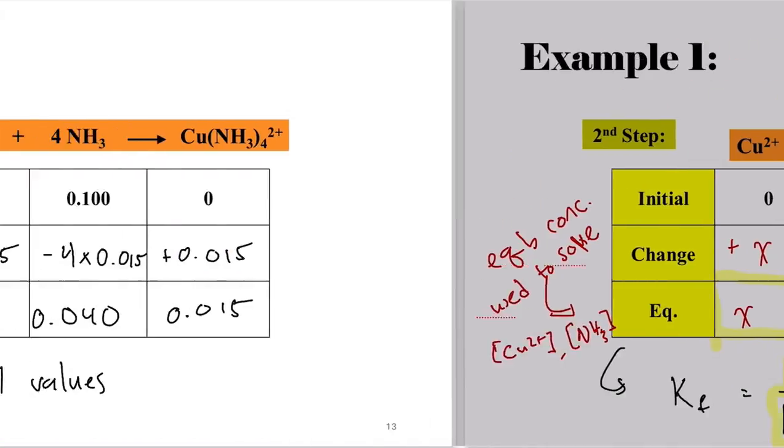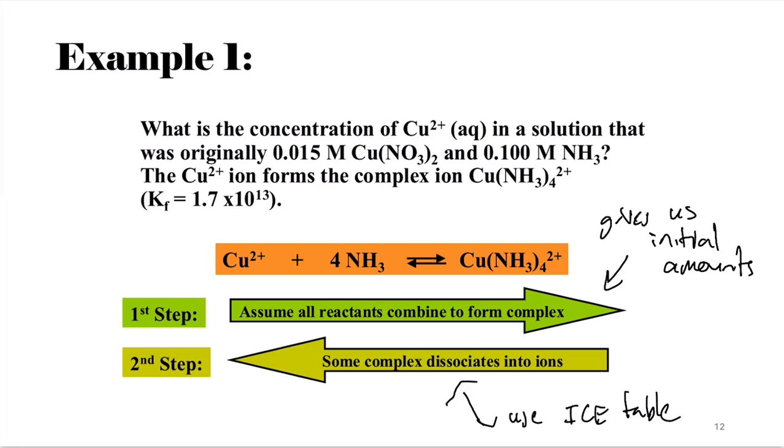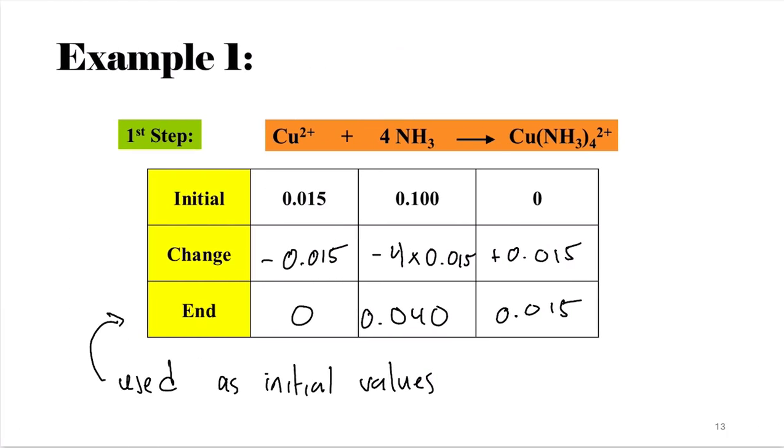So when we looked at this complex ion formation, right, we assumed that all the reactants combine to form the complex, right? So we're given a source of these ions in solution. The initial step is to assume that you make all the complex ion here, right? So I start off with this much of ammonia, this much of copper.